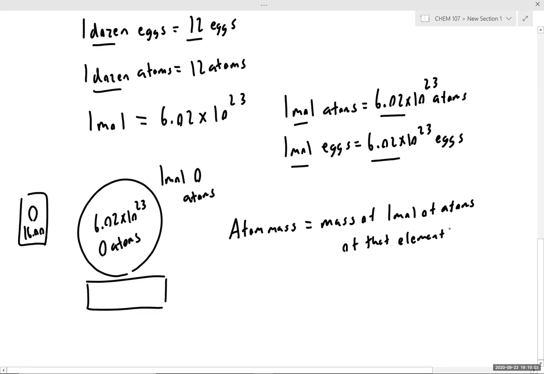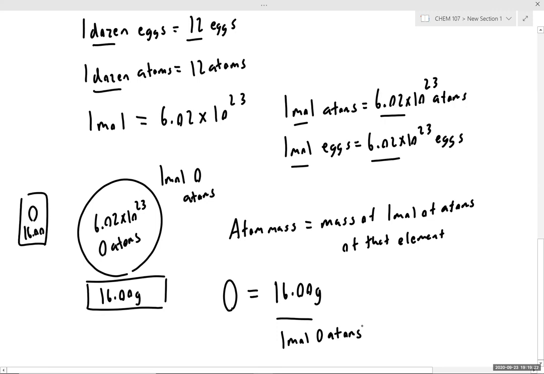So if we put a mole of oxygen atoms on a scale, we'd see a mass of 16.00 grams. So oxygen has a mass of 16.00 grams per every 1 mole of oxygen atoms.